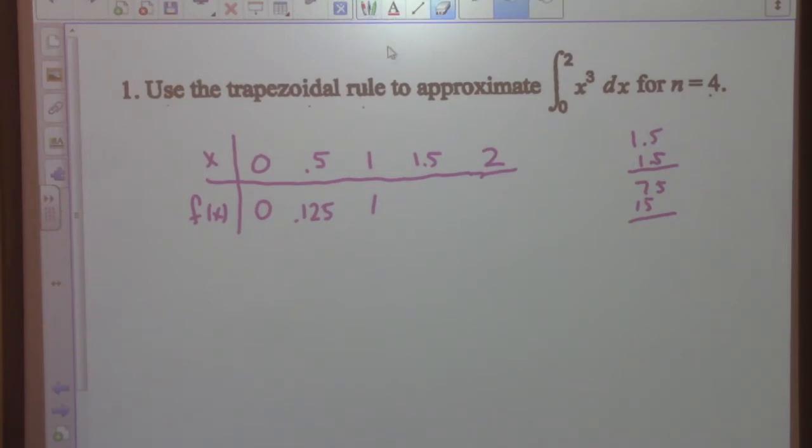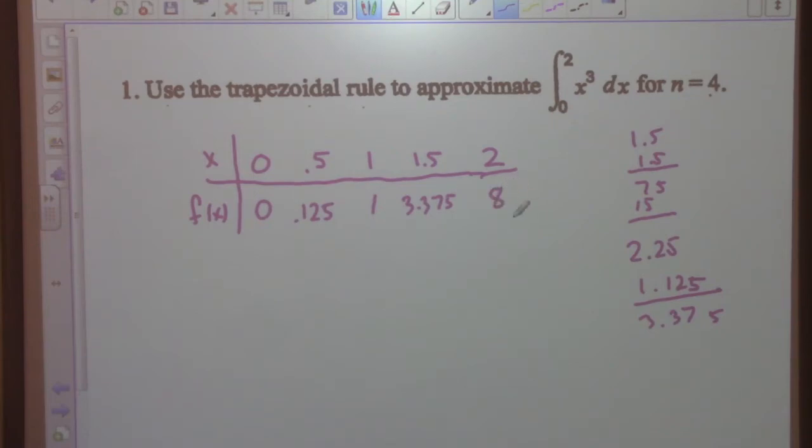So 2.25 times 1.5, you're going to add to it 1.125, because that's half again of that. Now you add this up together and you get 3.375, is that right? Yes. And then this is going to be 8.